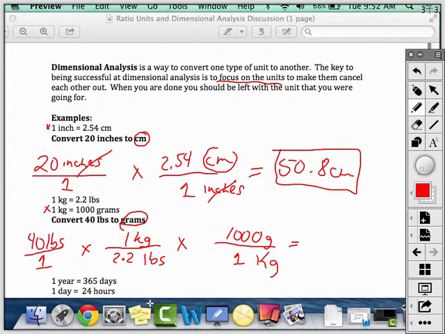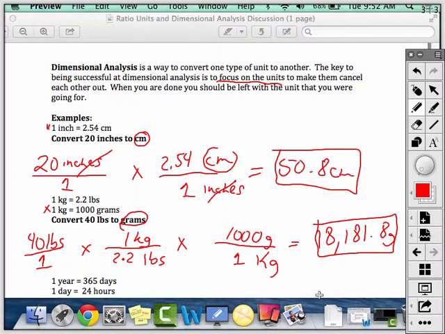And so if you were to throw this in your calculator, you would take 40 divided by 2.2 times 1,000. And if you do that math problem, you should get something along the lines of 18,181.8 grams. Hopefully.